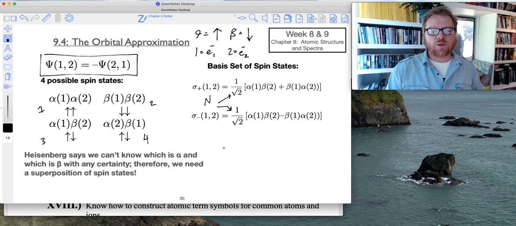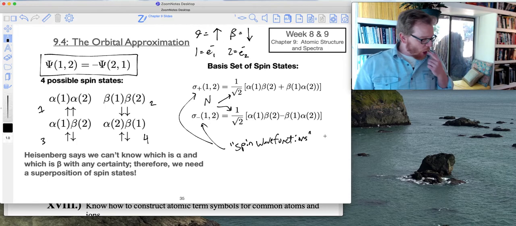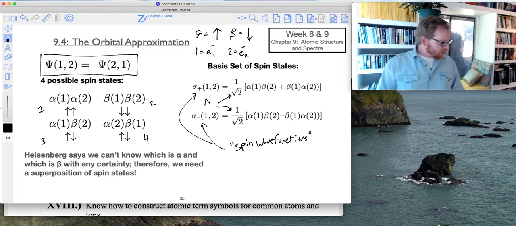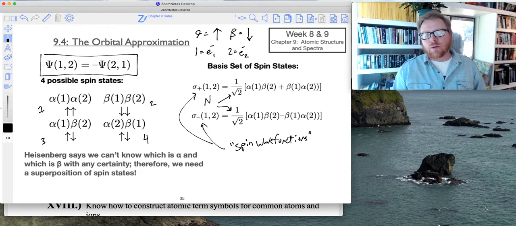It's important to note these sigmas, these are the spin wave functions. They are wave functions that we're not going to go into. I'm not going to come up with equations for all of those. They're just an additional portion of a wave function we would add to a multi-electron atom that describes those spin states.